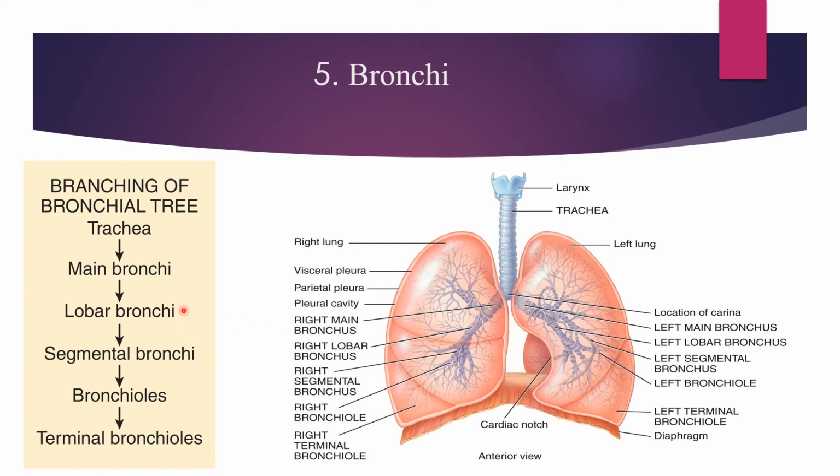From the main bronchus it will go to the lobar bronchus, then the segmental bronchus, and from the segmental bronchus it will go to the bronchioles, and from the bronchioles it will finally reach the terminal bronchioles. So this particular passage is nothing but the bronchial tree. It is the branching of the bronchial tree. The air is first passed from the trachea, main bronchus, lobar bronchi, then segmental bronchi, bronchioles, and finally the terminal bronchioles.